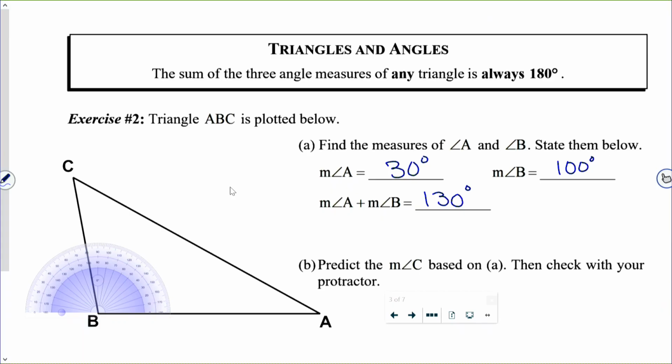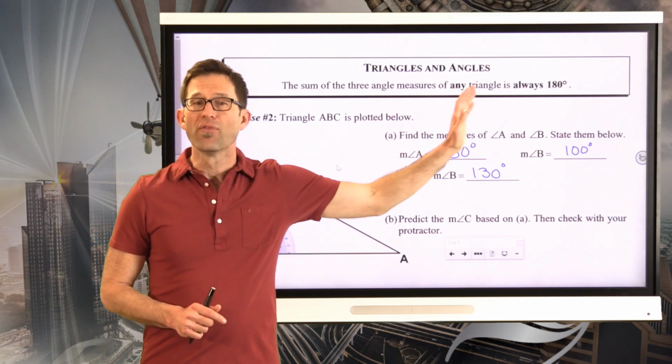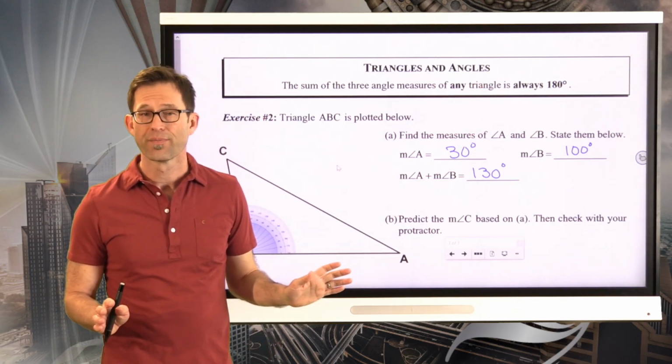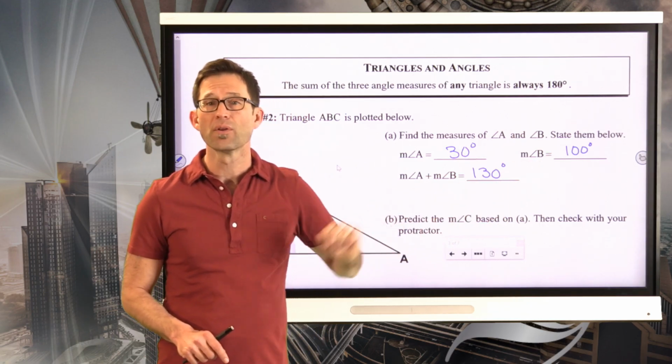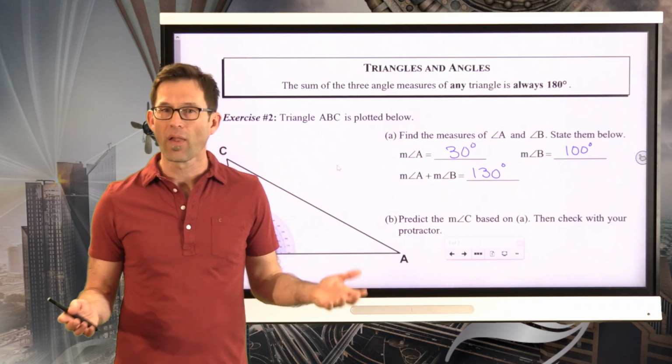Now, letter B. Predict the measure of angle C based on A, then check with your protractor. Here's what I mean by that, right? We know that the sum of the three angles of any triangle are equal to 180 degrees. I've measured A and B, 30 and 100, and I've summed them to be 130. So how much is left for the final angle?